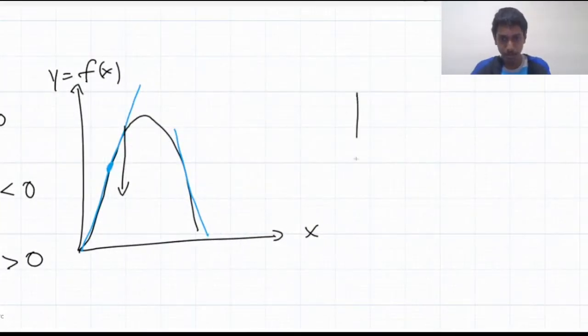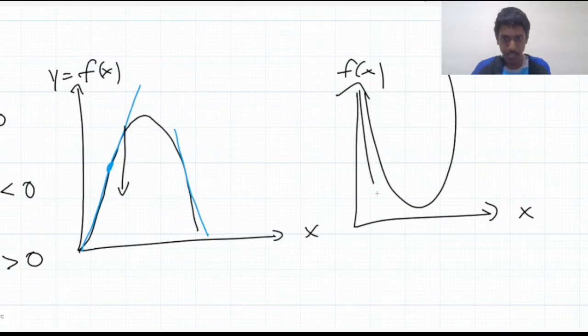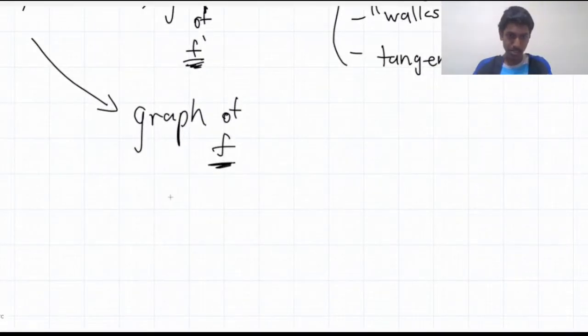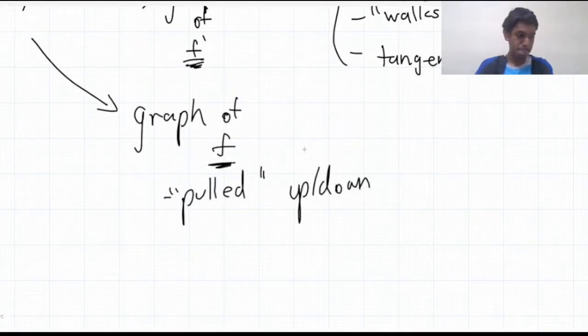And that would look something like this, because now he's going uphill and he's being pulled up, and now he's going downhill and then going uphill. And so we can summarize this by basically saying pulled up or down.